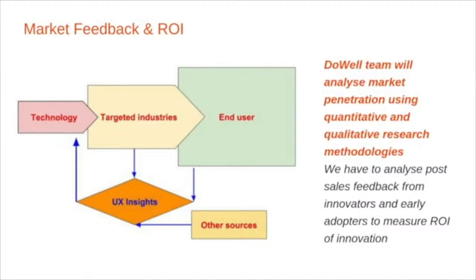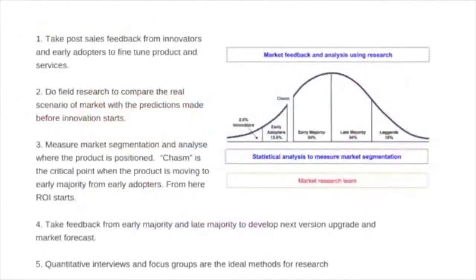The DoWell team will analyze the market penetration using quantitative and qualitative research methodologies. Here we used quantitative methodologies also. We have to analyze the post-sales feedback from innovators and early adopters to measure the ROI of innovation. So how do we measure? These are the steps we use to measure the ROI. You can see a graph. This is a typical adoption curve of the market. It is divided into innovators, early adopters, early majority, late majority, and laggards.